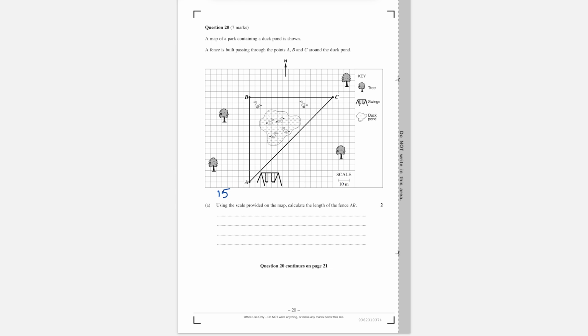And the scale shows us that every time there's 2 squares, that's equal to 10 millimeters. So if we take our 15 and divide it by 2, that's going to give us 7.5. And then 7.5 times 10 is equal to 75 meters. And that's the length of AB.